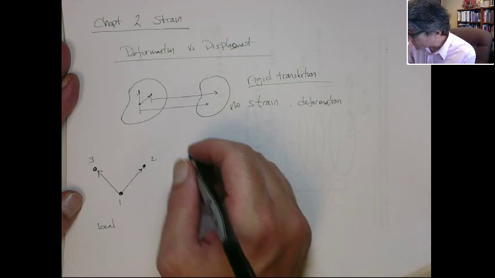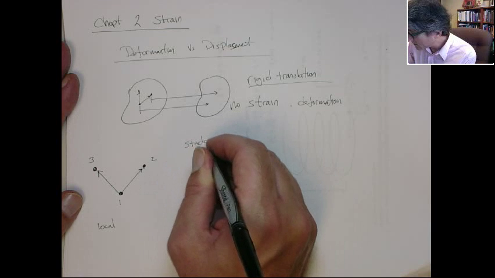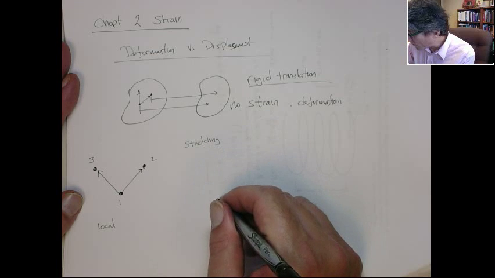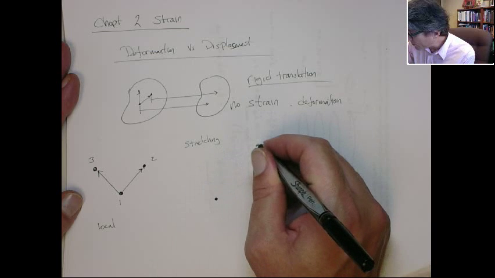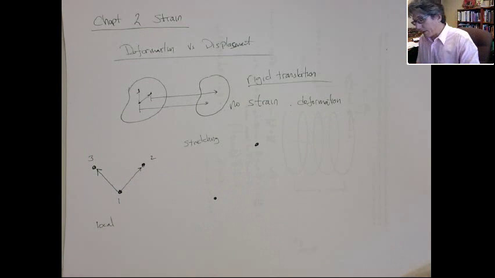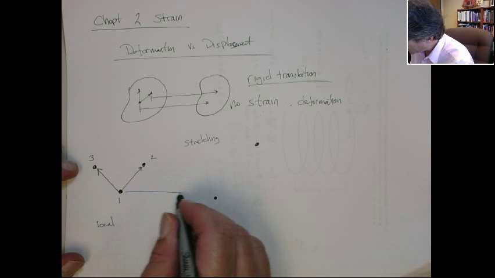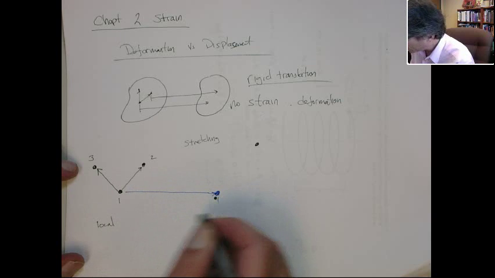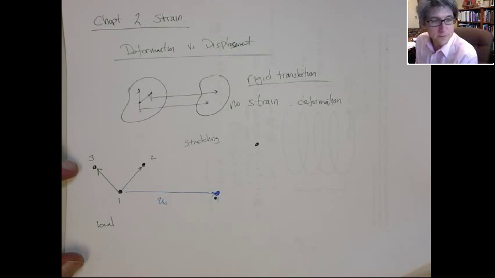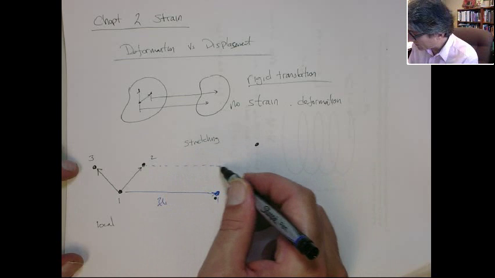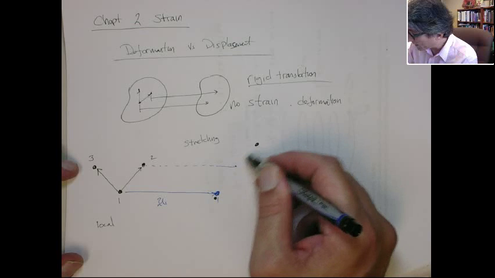One is you can actually get stretching. If you look just at points 1 and 2, let's say point 1 moves here and point 2 moves here. Where's my colored pens? Let's do a different color. If point 1 moves from here to here, this is the displacement of point 1. It's a vector. Point 2 moves something similar, but actually moves even more.